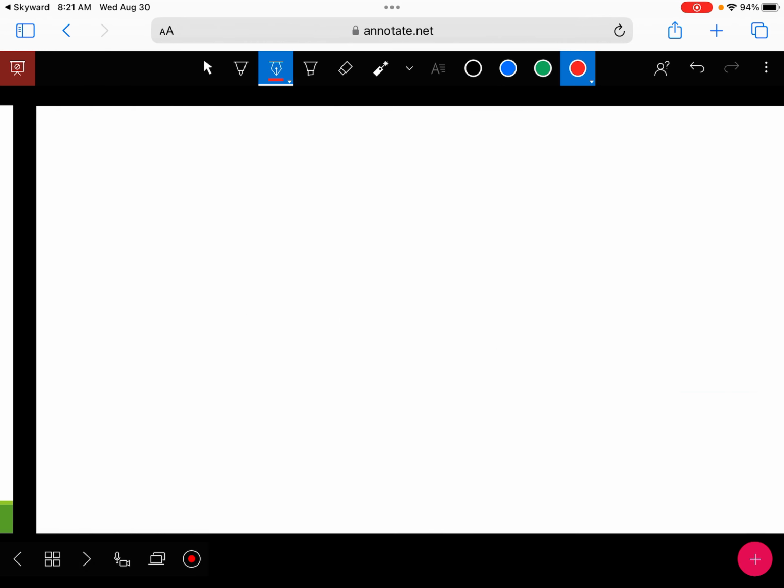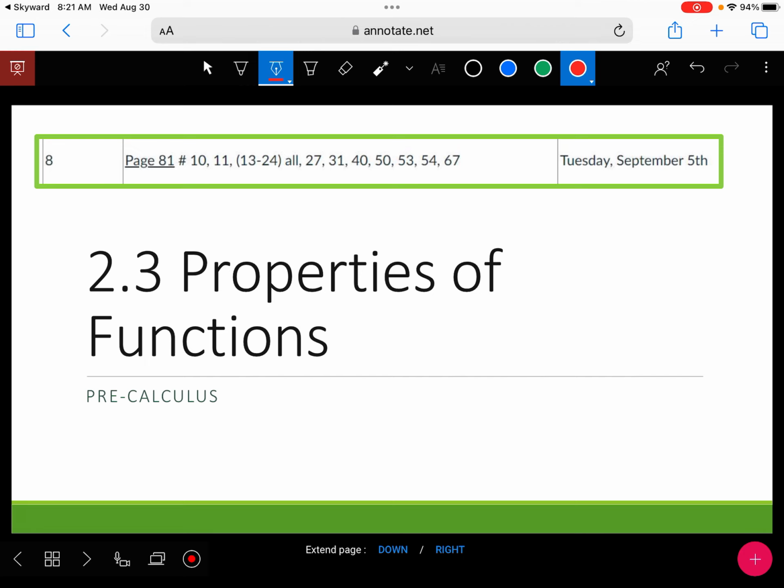All right. So 2.3 is where we are now in your notes. 2.3 is properties of functions. Homework 8 is due next Tuesday. We're actually going to do things a little backwards. We're going to start with example 2. We're going to skip over example 1 and talk about that Friday.